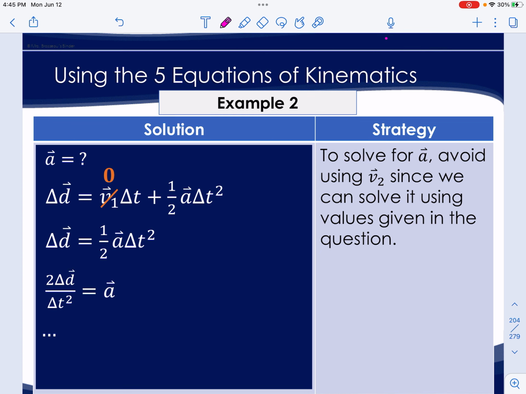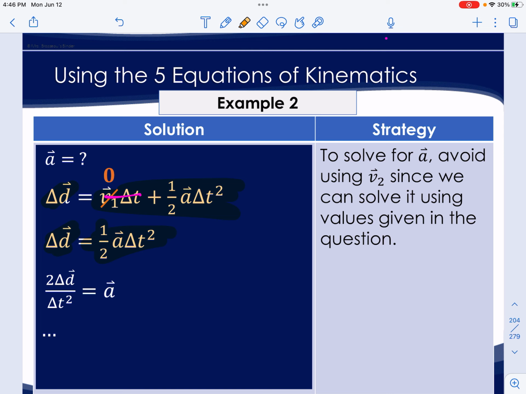Okay, so now that we have that, we can solve for acceleration. So we have our delta d, and we can use this equation to solve for the rest. Since we know that v1 is 0, we can just cross out this whole term right here, because that's all going to be 0. This makes it pretty simple. We have delta d is equal to 1/2 a t squared.